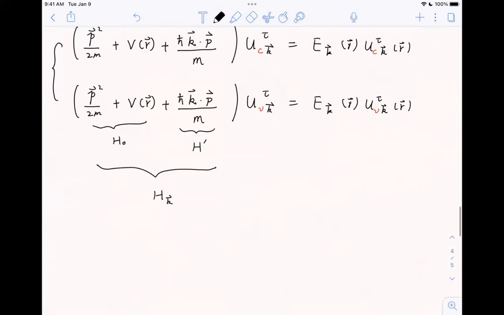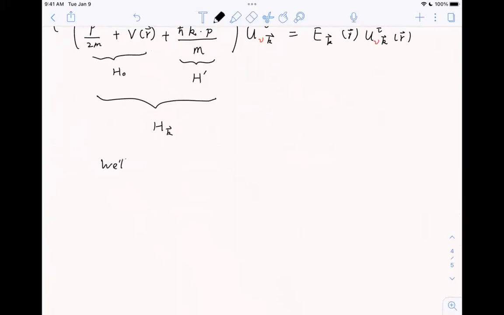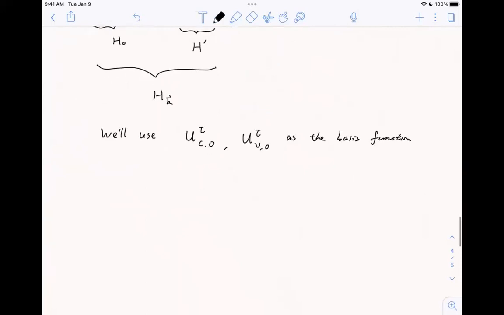So let's consider the basis. We will use U tau C0 and U tau V0 as the basis functions. Only two.